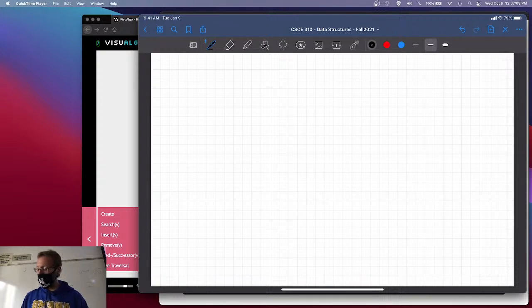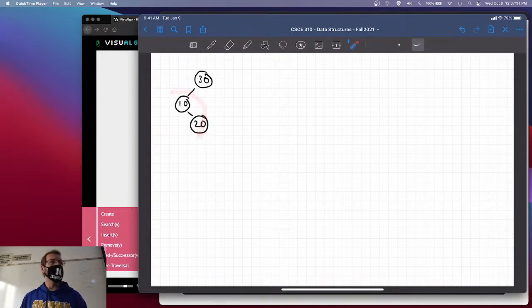So let's say 30, and then 10, and then 20. So that looks kind of skewed, right? Because there is no right child of 30, and in the left subtree we've got 2 nodes.